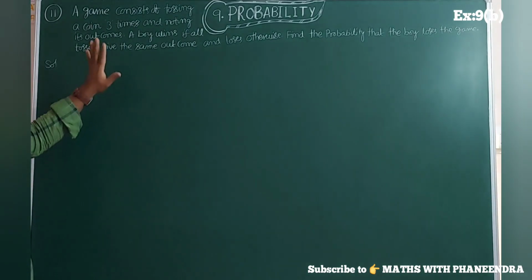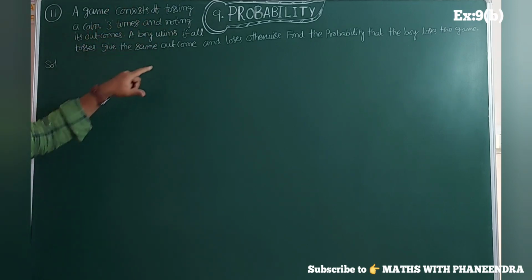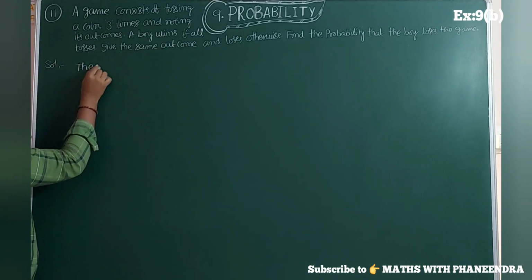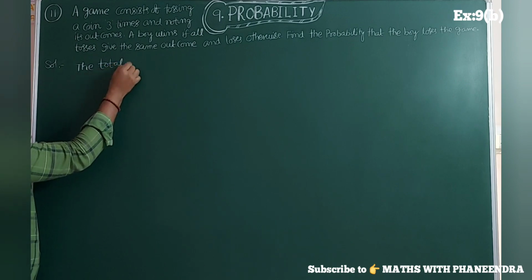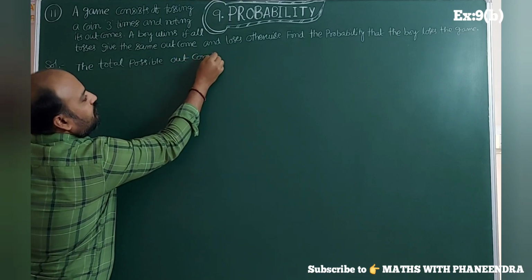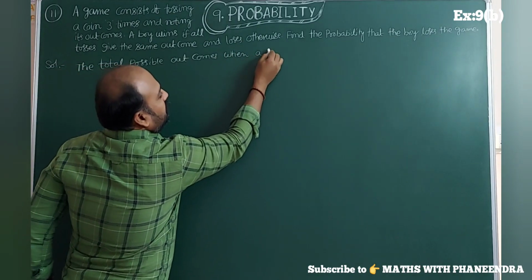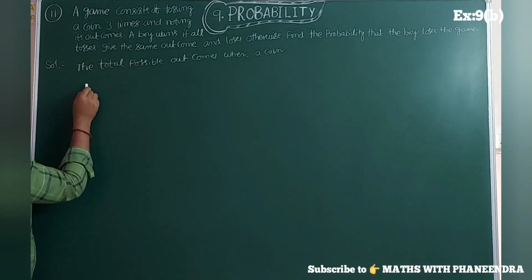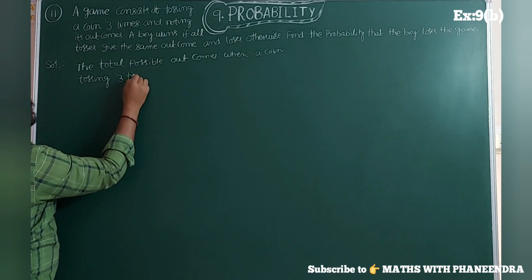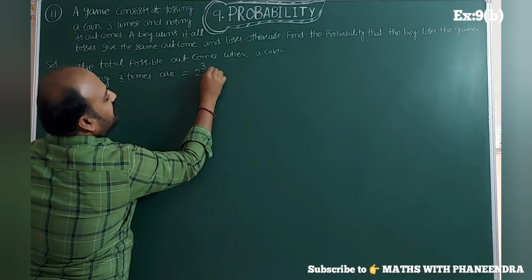So first, tossing a coin 3 times, the total possible outcomes are 2 power 3.